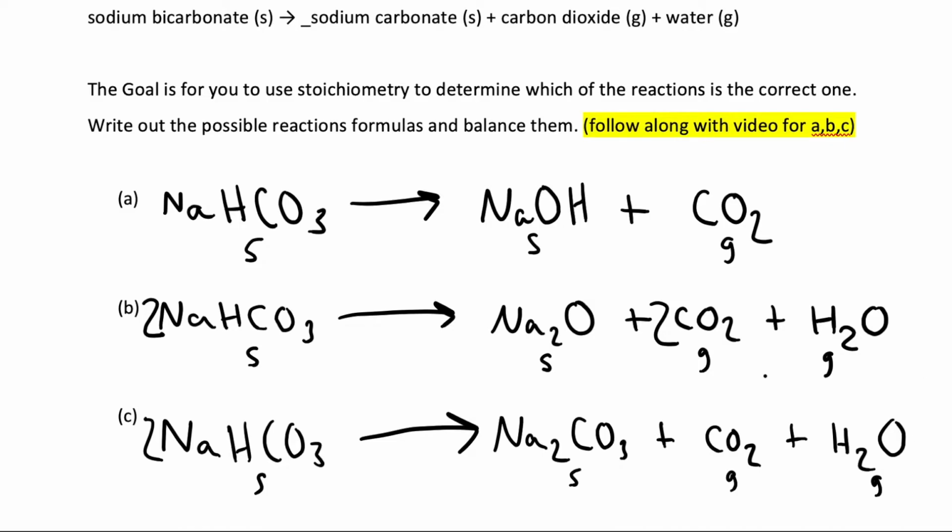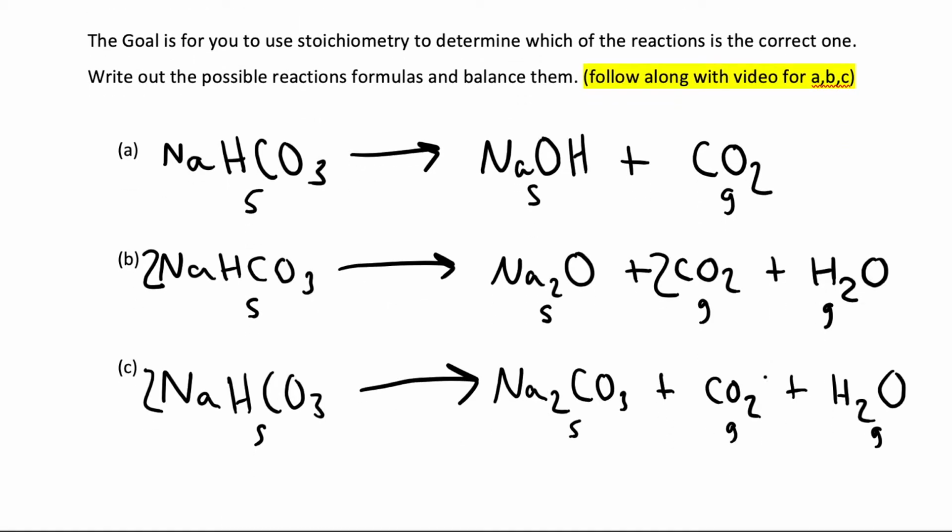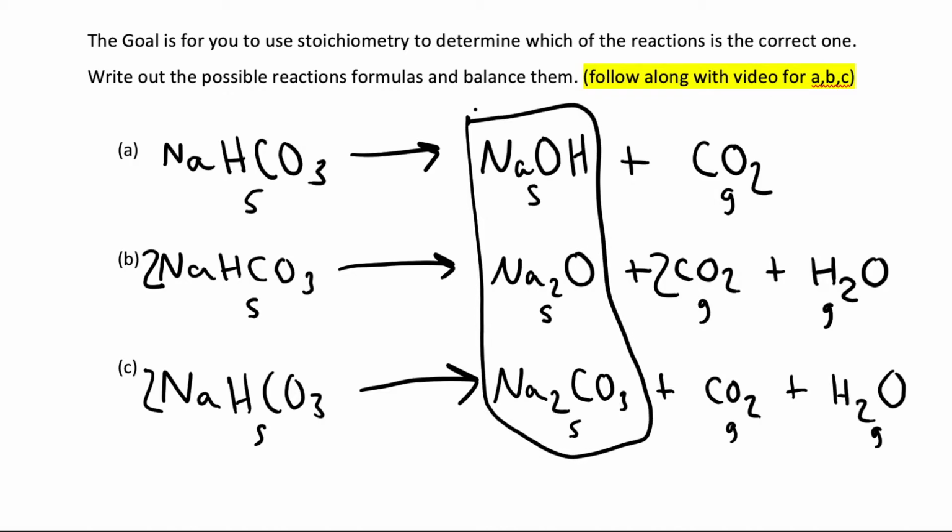after you collect your masses. Okay, because after you collect your masses, you want to find out for each one of these how much of these solids will be produced from this breaking down.